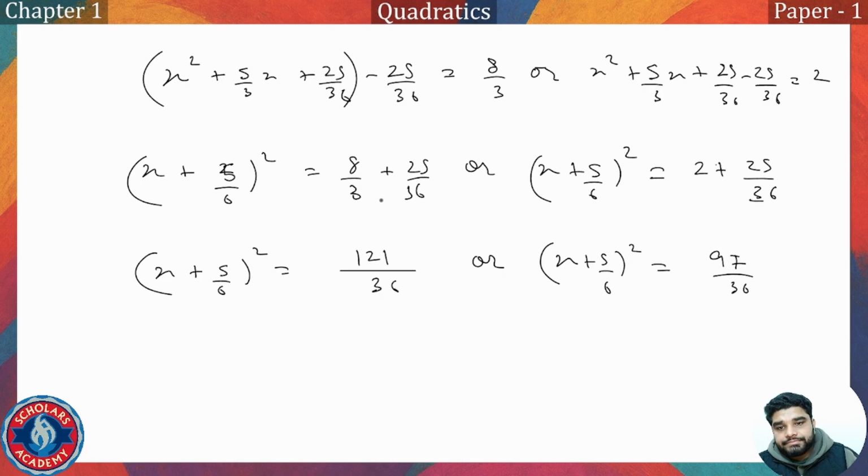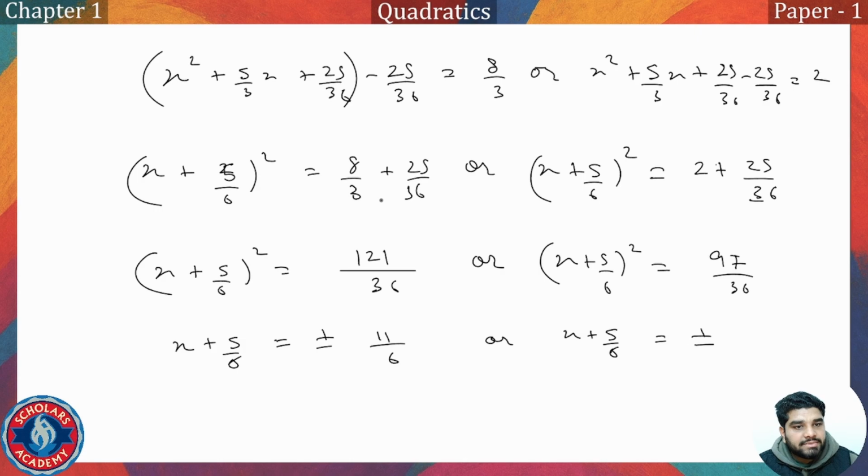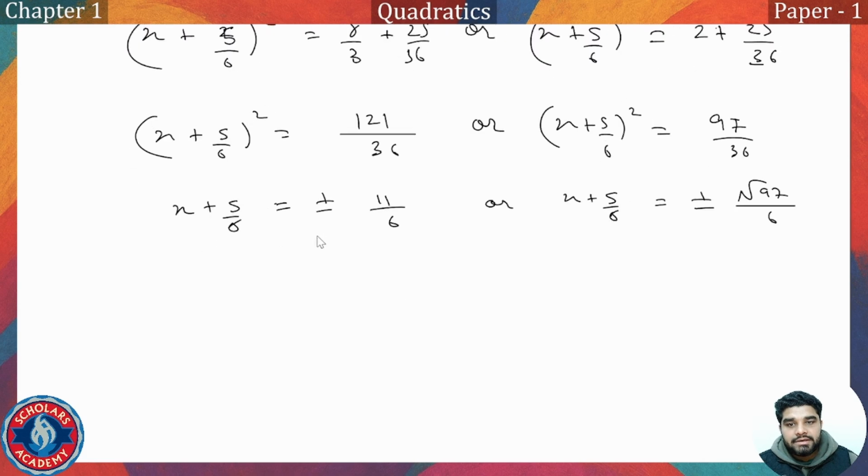Alright, taking roots, we get x + 5/6 = ±√121/√36, which is ±11/6, or x + 5/6 = ±√97/6. The 5/6 goes to the other side: x = −5/6 ± 11/6, or x = −5/6 ± √97/6. Adding, we get 6/6, that is 1.